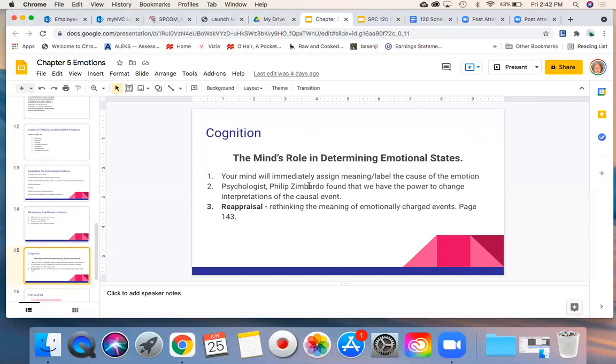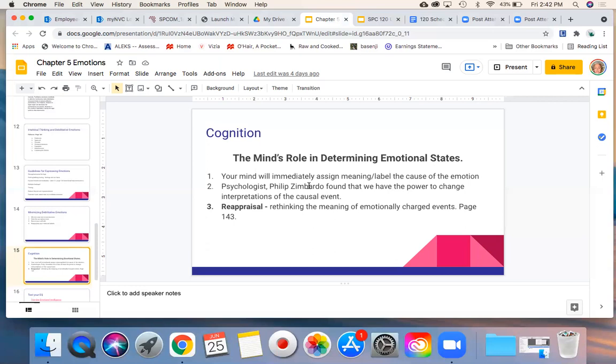So Zimbardo, he's a social scientist who talks about this process of reappraisal. This idea of being able to rethink the meaning of an emotionally charged event. I'll let you read it, but I think we can pretty much talk our way through it. So just ask yourself, is the way I'm thinking about it accurate?